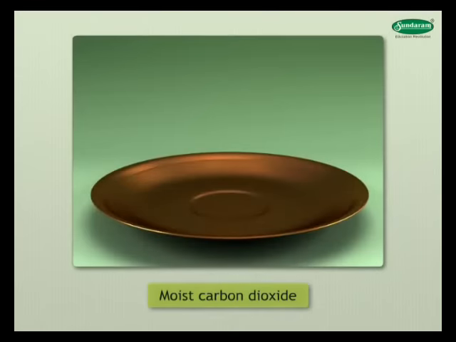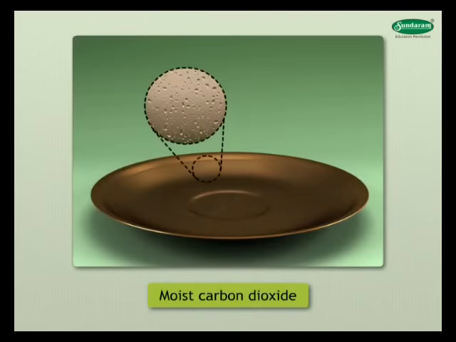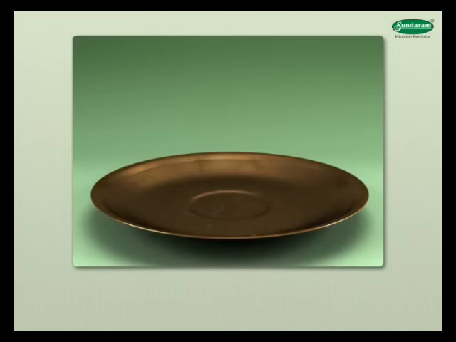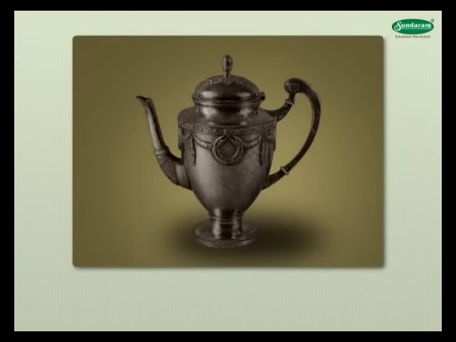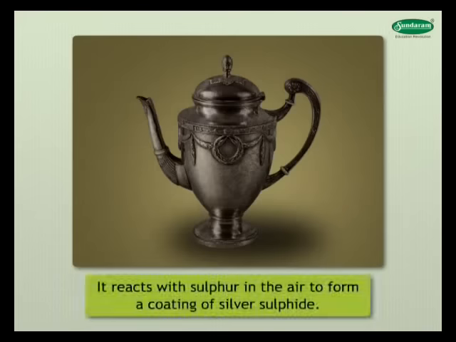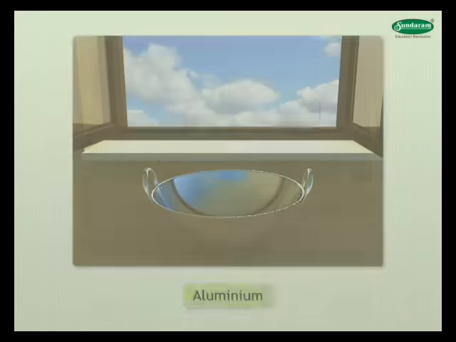Copper reacts with moist carbon dioxide in the air and slowly loses its shine to gain a green coat of copper carbonate. Silver articles become black after some time when exposed to air because it reacts with sulfur in the air to form a coating of silver sulfide.